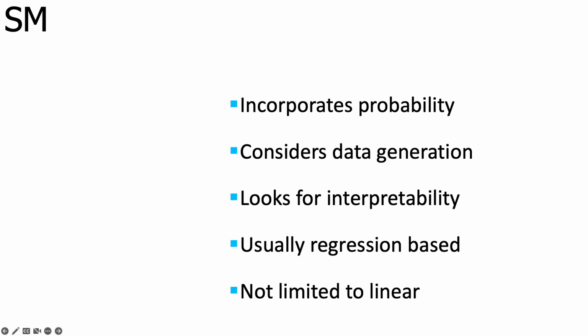So when we create our model, we want to know where the data came from. Because data is usually not the actual value of the phenomenon that we are interested in, but a measurement of it. And this measurement could be obtained in multiple ways that obfuscate the actual result.